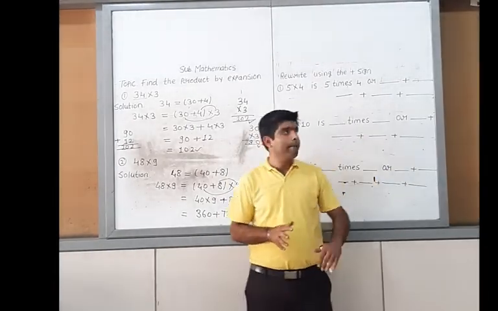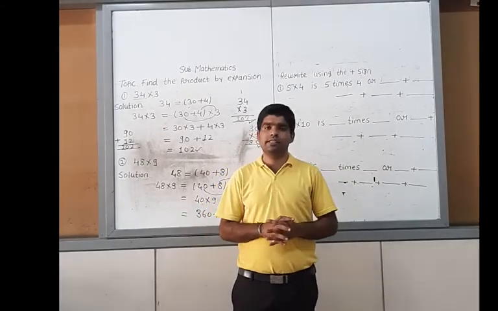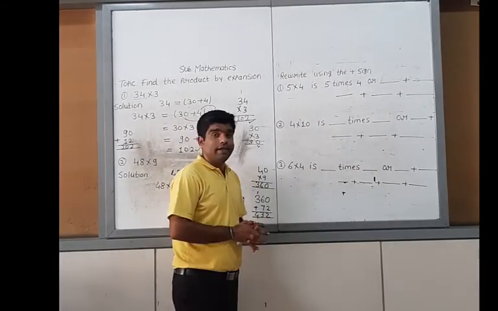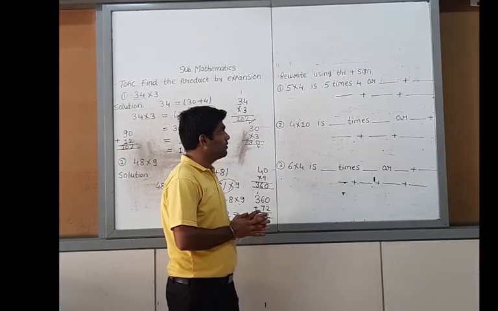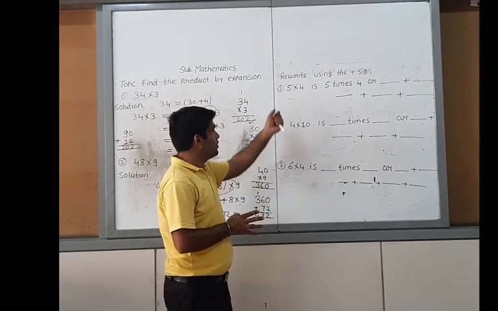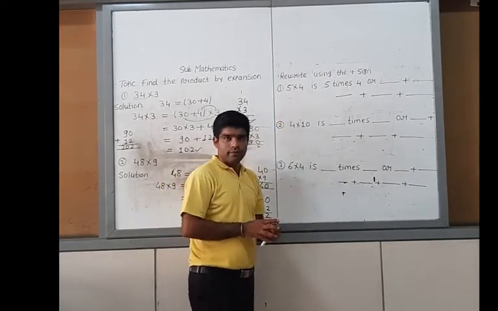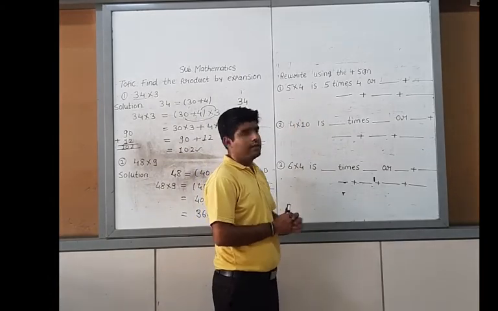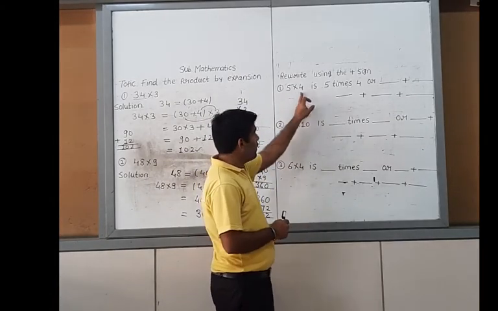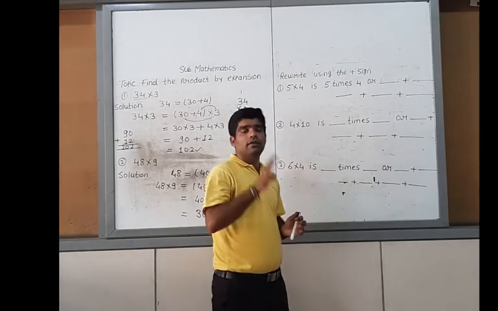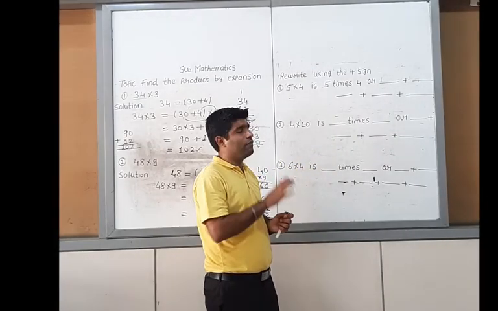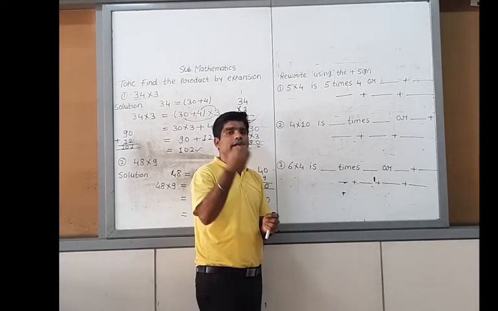Okay. Now the next one is to rewrite using the addition sign. Now see, 5 multiplied by 4, it means 5 times 4. We have to write down the 4 in 5 times.